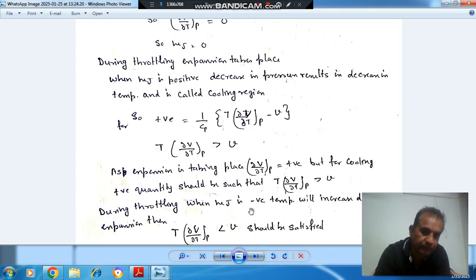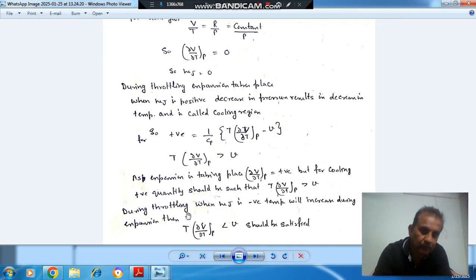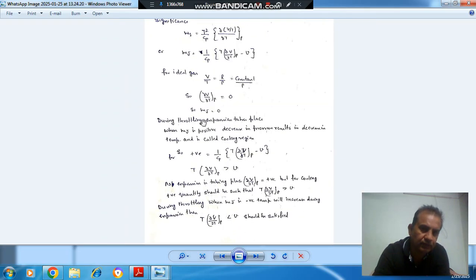It means it is the heating region, where the reverse takes place. In the cooling region the pressure decreases and temperature decreases; here the pressure decreases and heating takes place, the temperature will increase. So this is the significance of it.